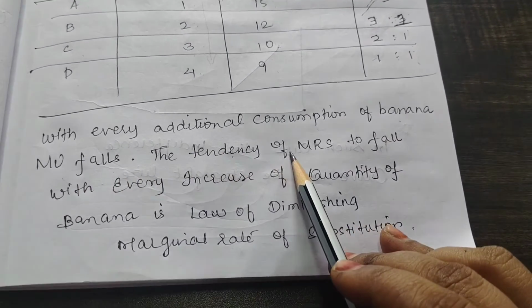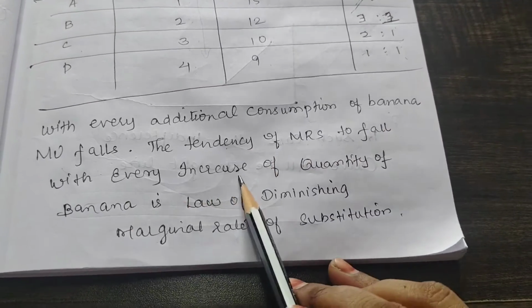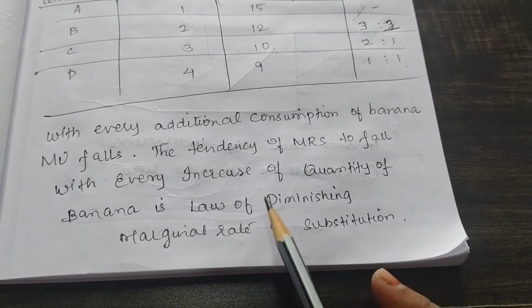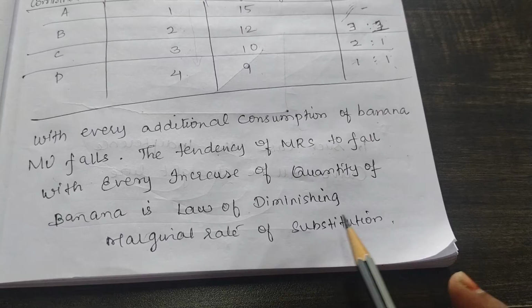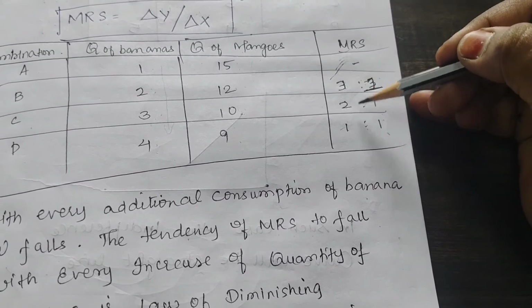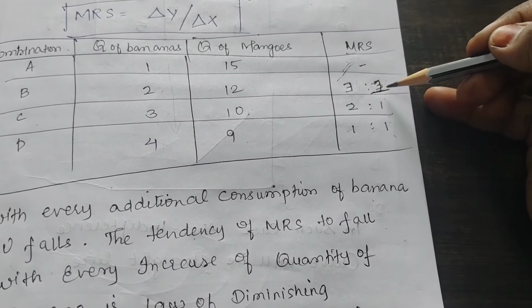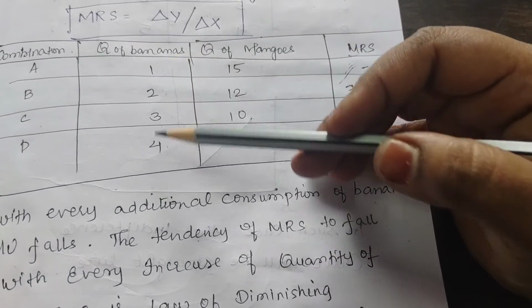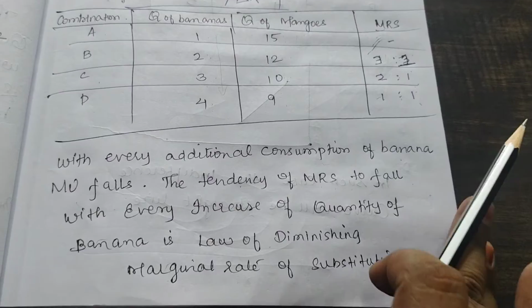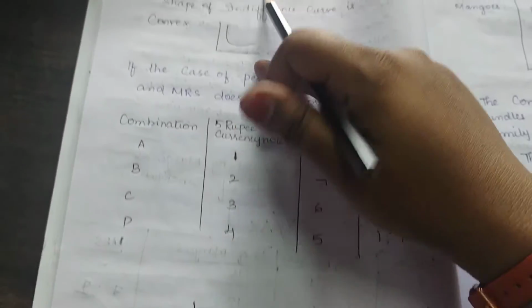The tendency of the marginal rate of substitution to fall with every increase in the quantity of banana is the law of diminishing marginal rate of substitution.